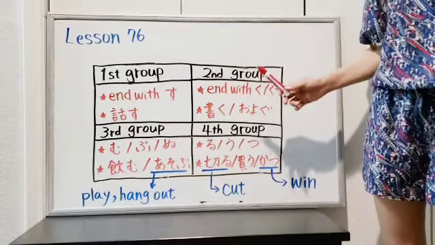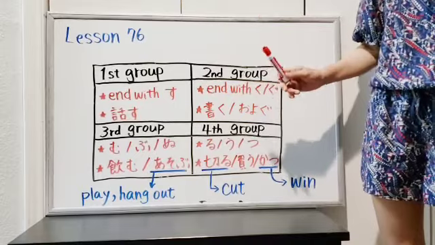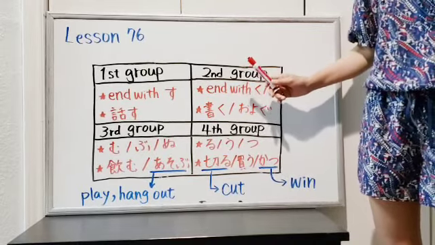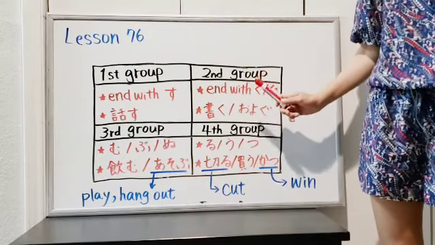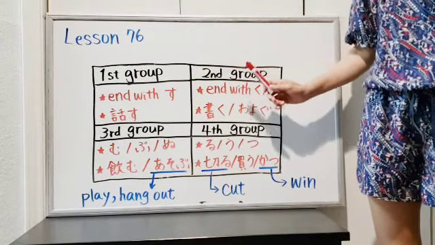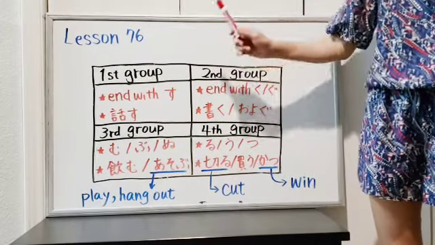Making the te form using u-verbs is a little bit difficult because we need to separate u-verbs into 4 groups. These 4 categories depend on the last character of the verb. Please see this table.